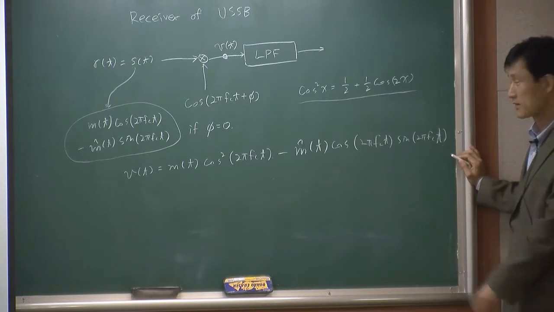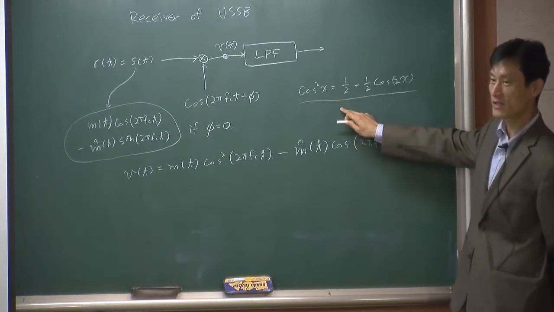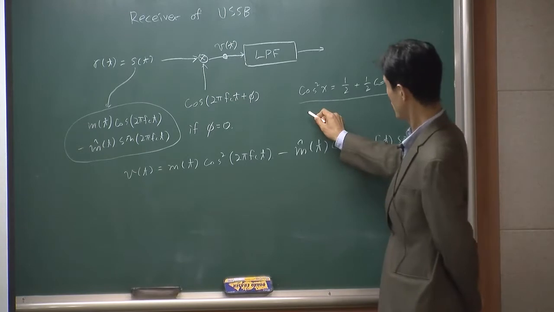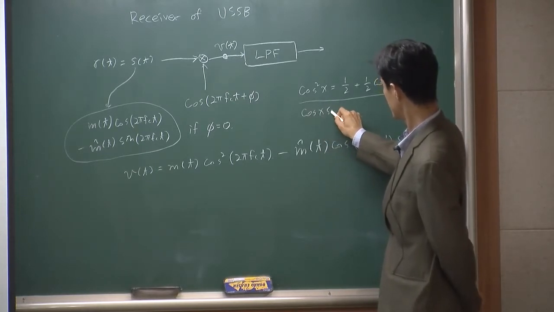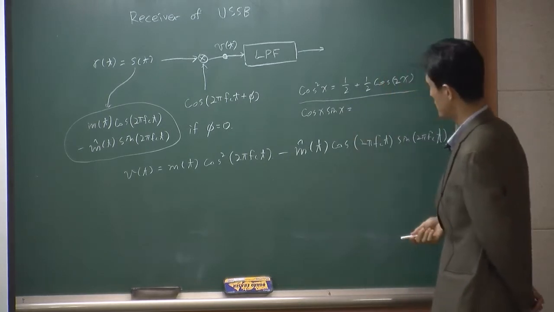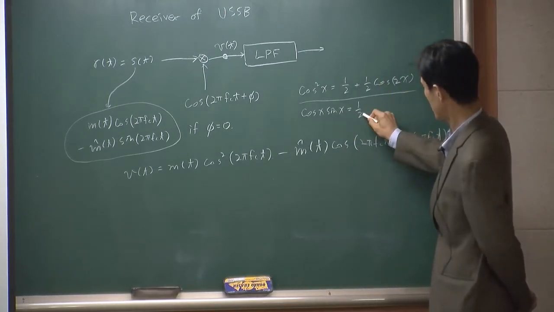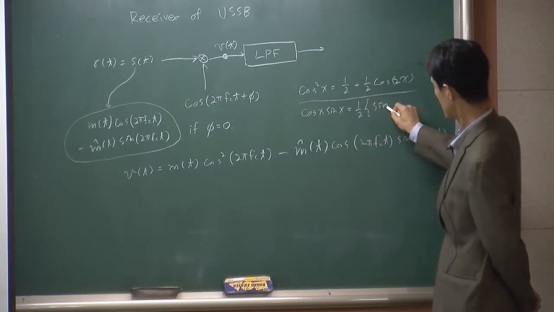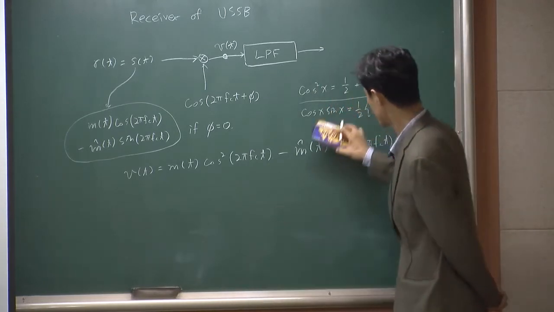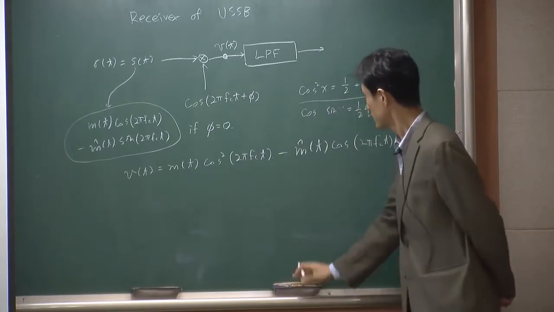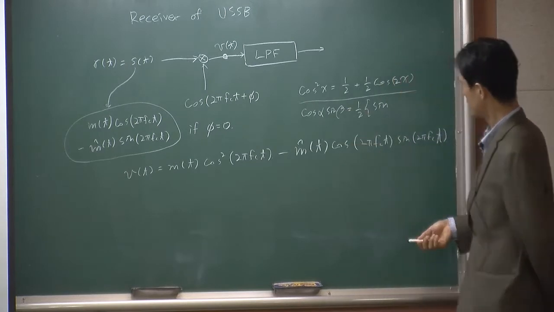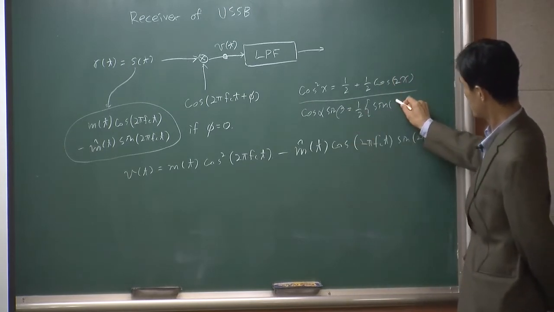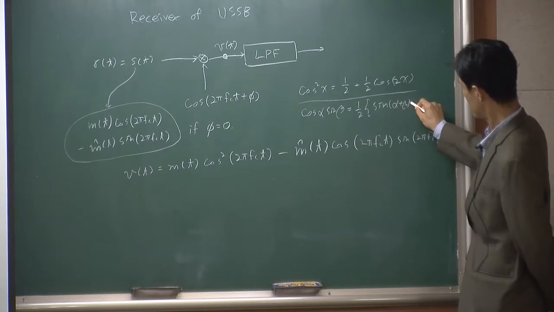So we're going to still use this identity, and also we want to use another identity. Cosine x sine x equals half sine... cosine alpha sine beta equals half sine alpha plus beta. Is it plus or minus?